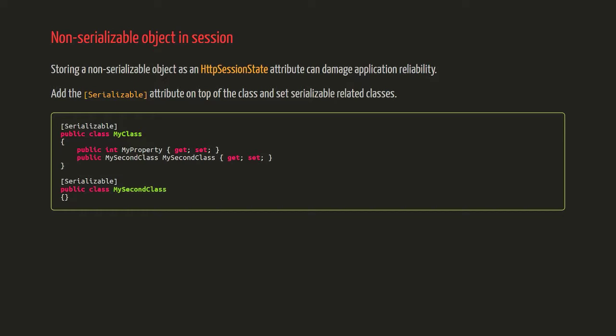If session is not stored in memory, for example, to have the possibility to scale with replication on multiple machines, you must serialize the HTTP session state object, which requires that all objects stored in it are also serializable. As you can see in this example, you have to mark my class with a serializable attribute, and also the referenced second class must be marked as serializable.